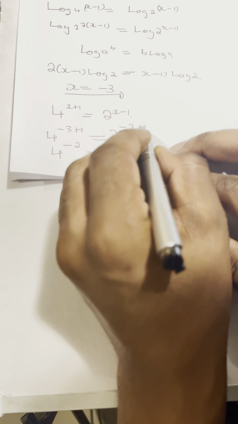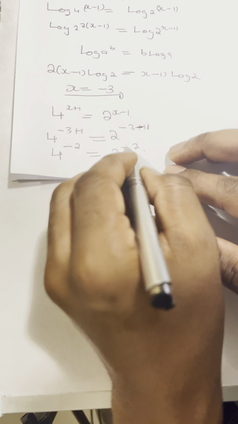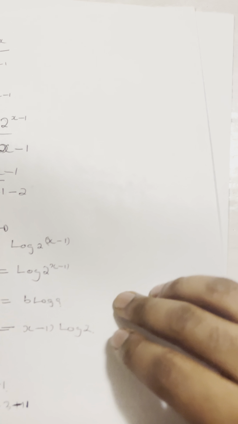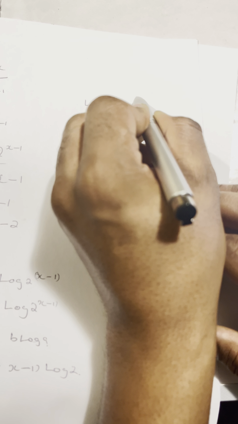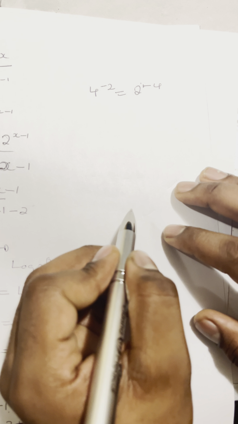Now there's a minus here. Then it's minus 4. Our equation says 4^(-2) = 2^(-4).